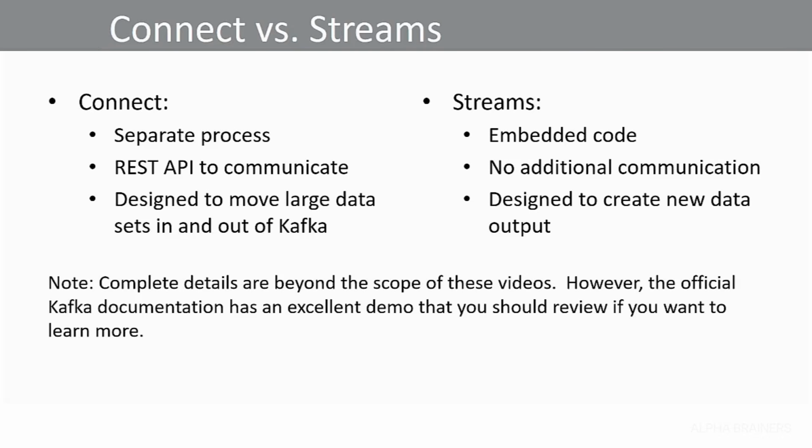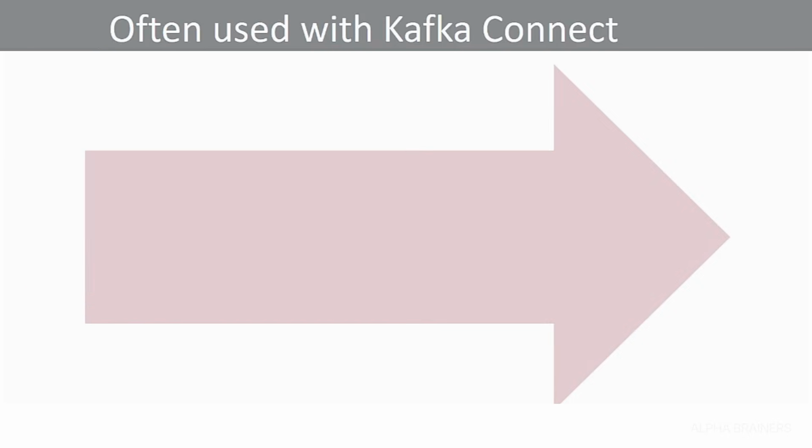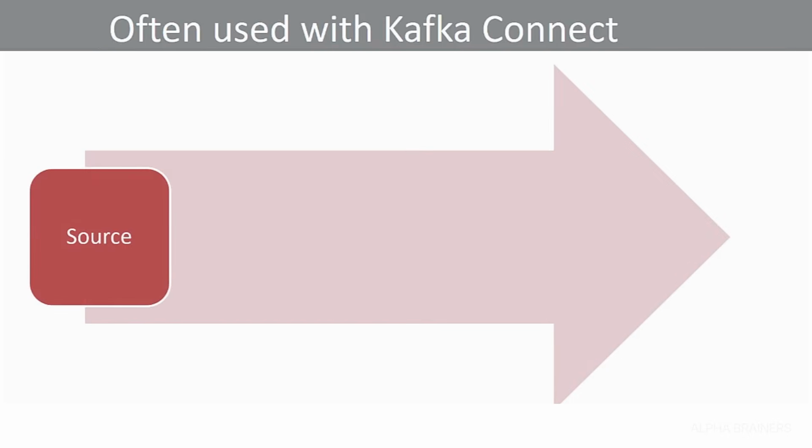The official Kafka documentation has an excellent demo that you can run through and explore how you can use Streams in more detail. The last thing I want to talk about is the fact that it's often used with Kafka Connect. Streams and Connect kind of go hand in hand in some cases. For example, we might have some source data that's not Kafka-based, maybe some database that we're grabbing all the information from, and we use Kafka Connect to pull that into a Kafka environment.